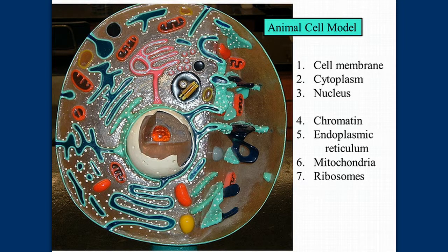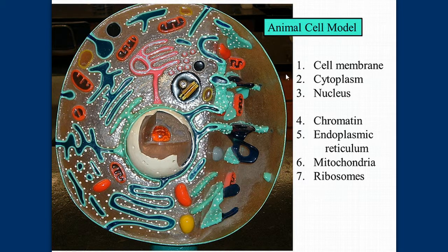Later on we're going to be talking about two processes that happen with the cell membrane in different tissues, and that's called osmosis and diffusion. Diffusion is the movement of molecules from an area of higher concentration to an area of lower concentration.